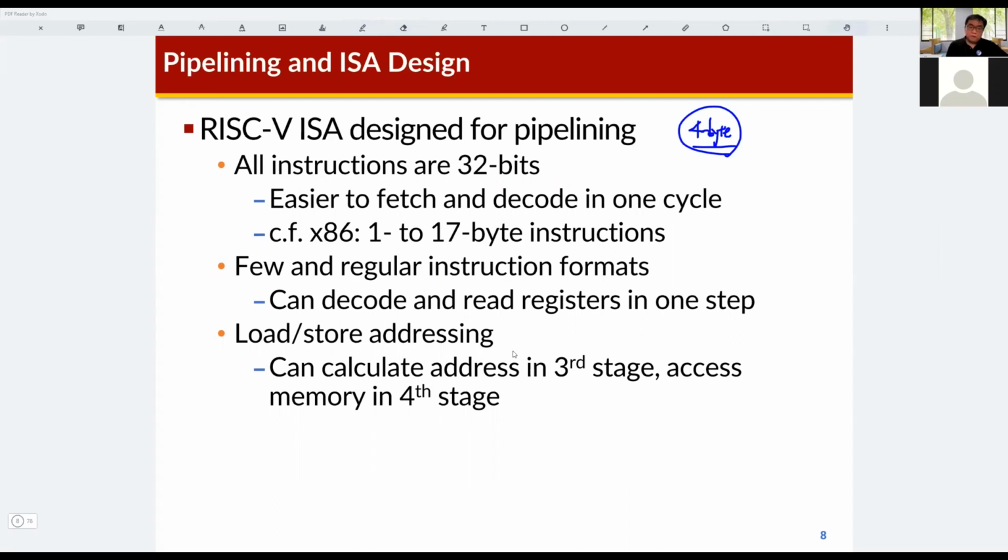But for other CISC type ISAs such as Intel x86, the representative CISC type ISA, the instructions have various lengths, like 1 to 17 bytes. So that means the instruction is very complex.